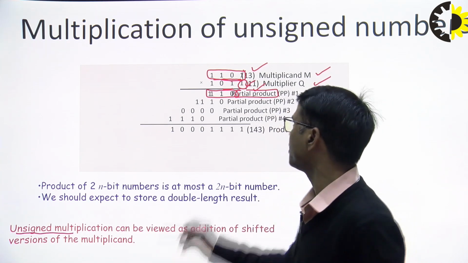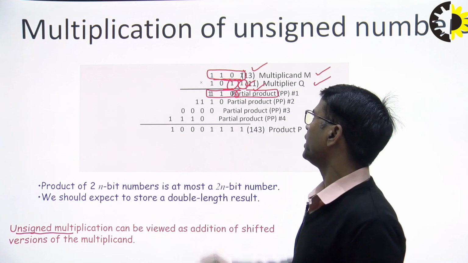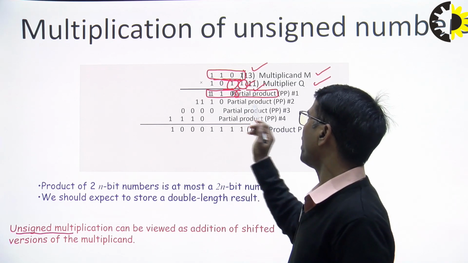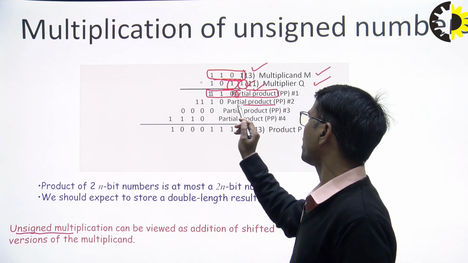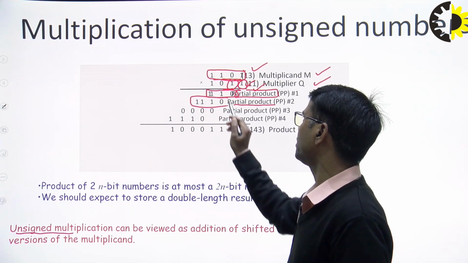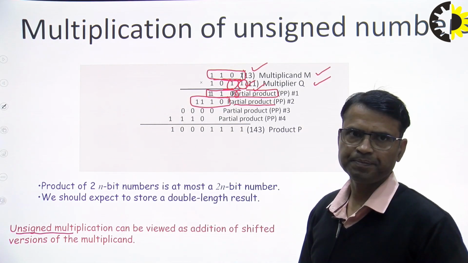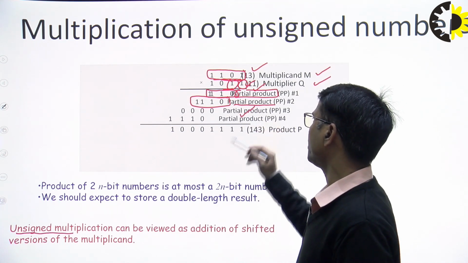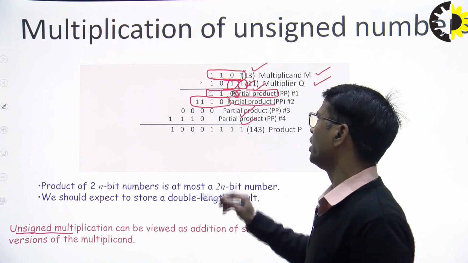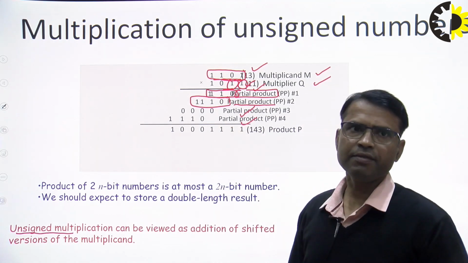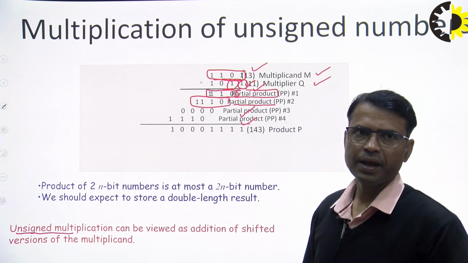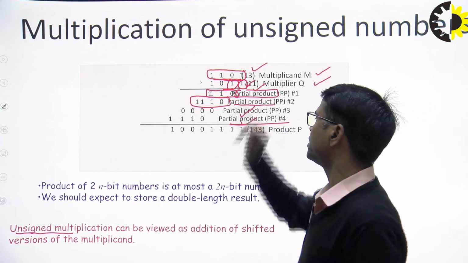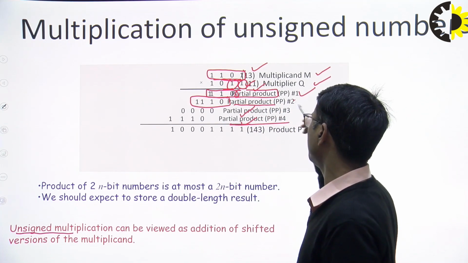For the second multiplier bit, we multiply it with the multiplicand, and while putting the partial product we shift it by one bit towards the left. Likewise, we keep on doing this for partial product 3 and partial product 4, shifting each towards the left from the previous partial product. After we have multiplied all the multiplier bits with the multiplicand, we get the 4 partial products.